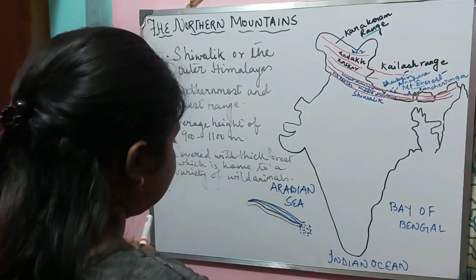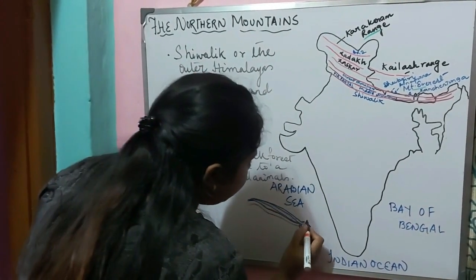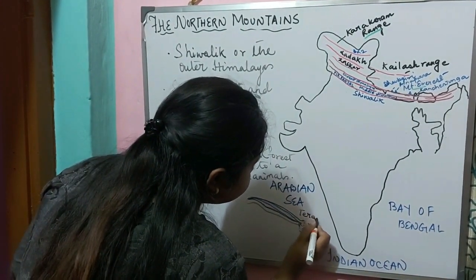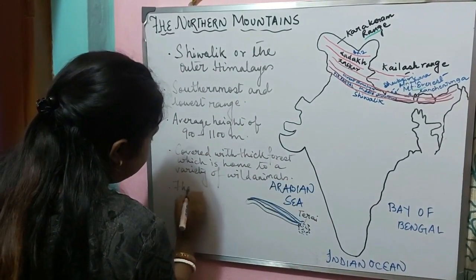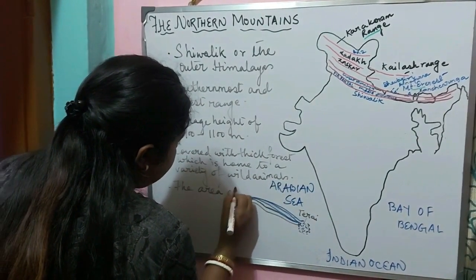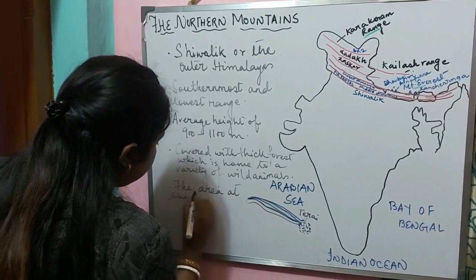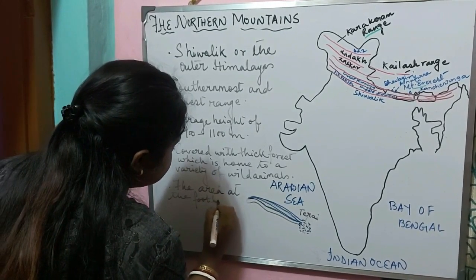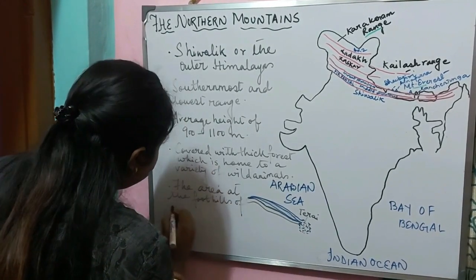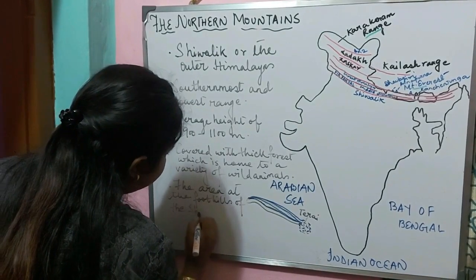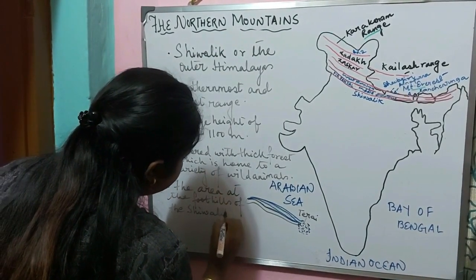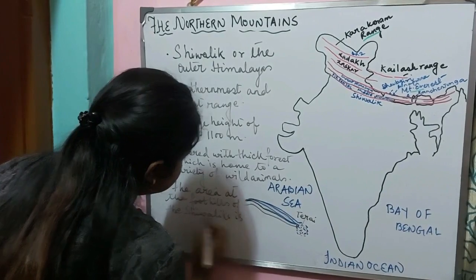And this area at the foothills of the Shiwaliks is known as Terai.